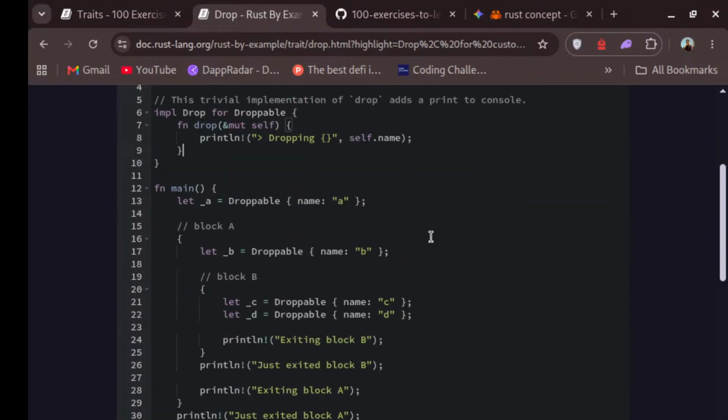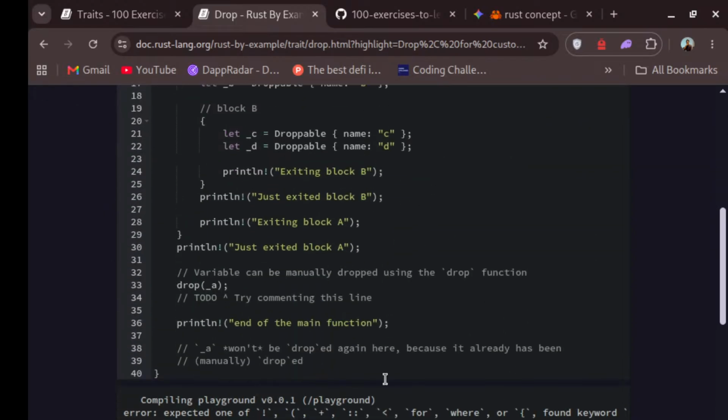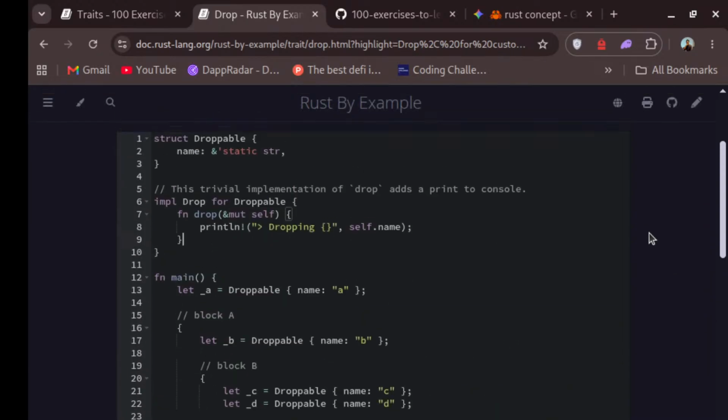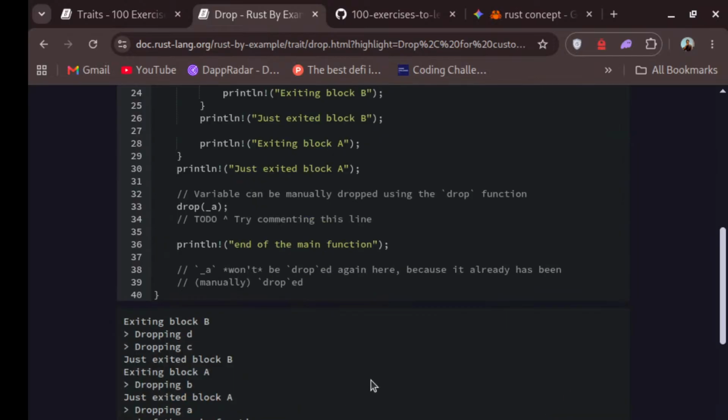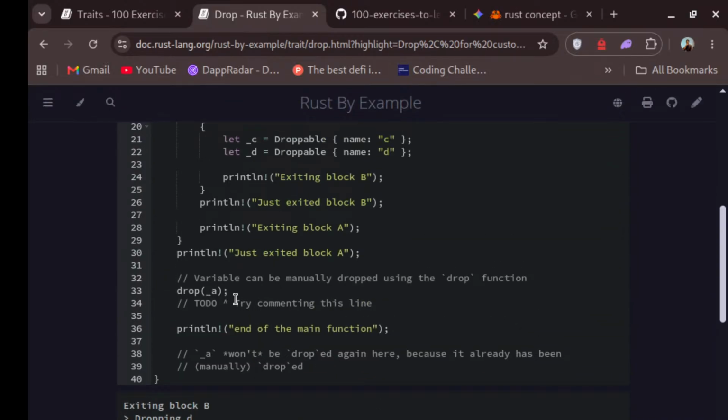Okay, so they are saying that if we use the drop function on variable A, drop A, and try commenting this line.